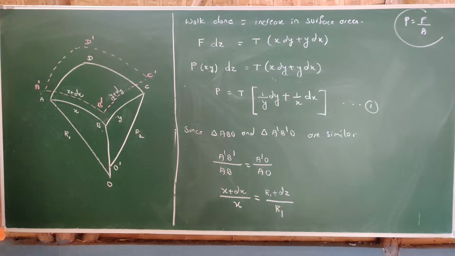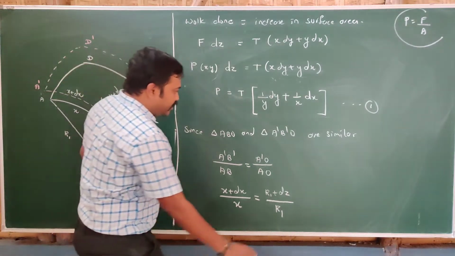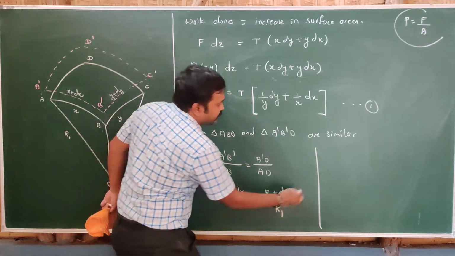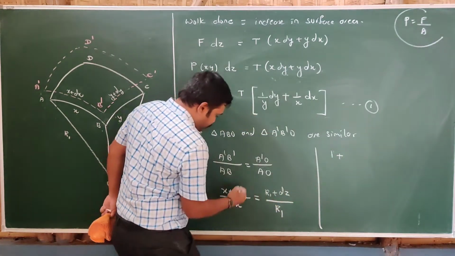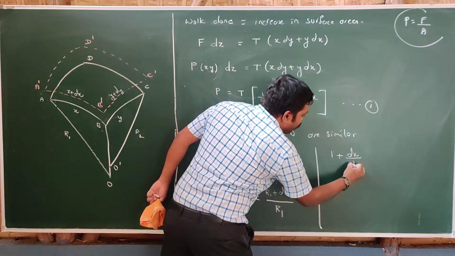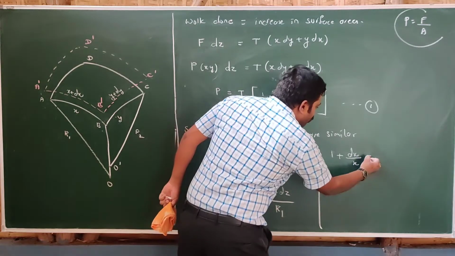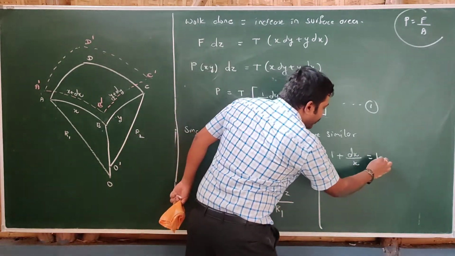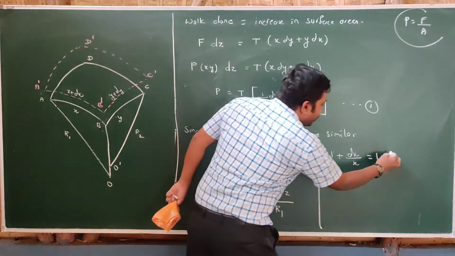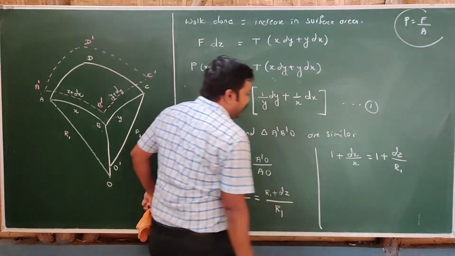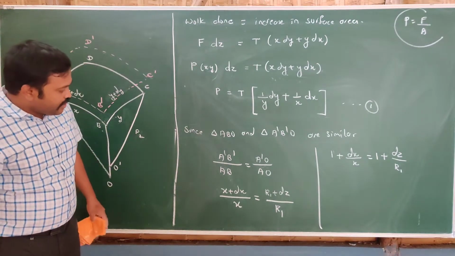Let me go ahead. If I calculate this, x will get cancelled. Let me write 1 plus dx by x, that is equal to R1 again, 1 plus dz divided by R1.